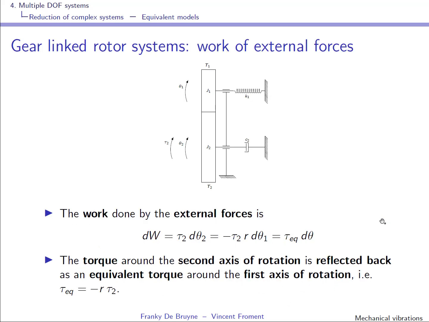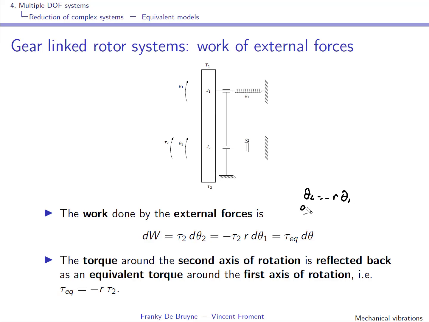You can look at the work of the external forces, and in this case the external torques. Work is torque times displacement. Here it's angular displacement, and theta 2 is equal to minus r theta 1.